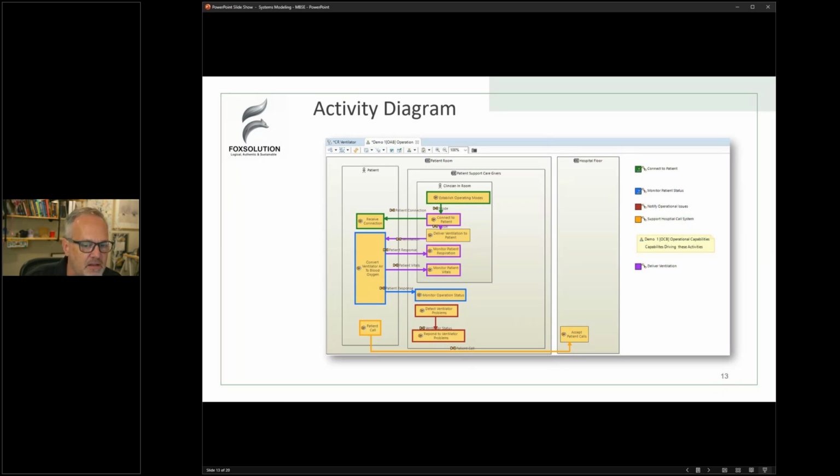And again, we have deliver ventilation. What we're saying is we're going to have a functional chain that shows what deliver ventilation means. So we're going to connect to the patient. We're going to deliver ventilation to the patient. We're going to convert air to blood oxygen, monitor the patient respiration. At a high level, this is essentially what we are going to need to do to deliver that ventilation.